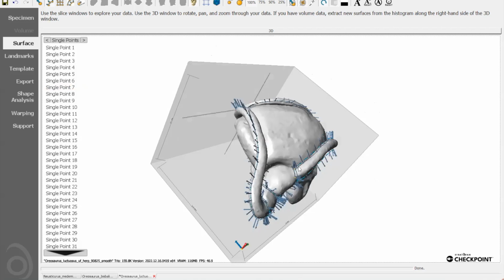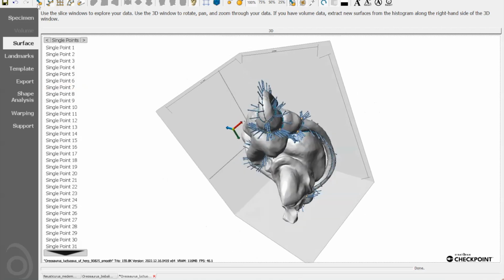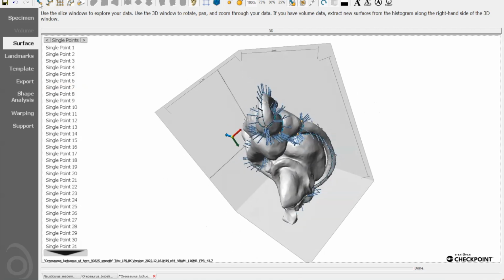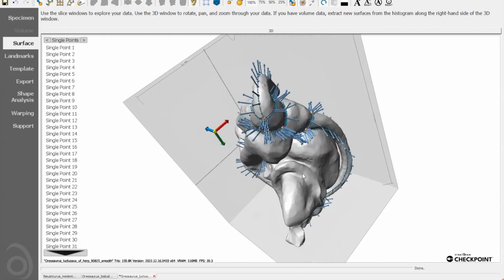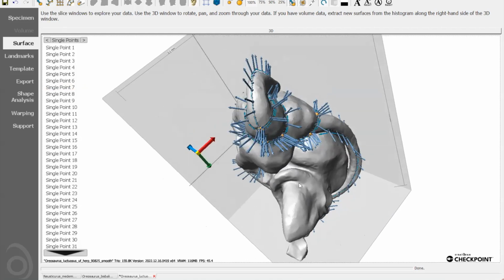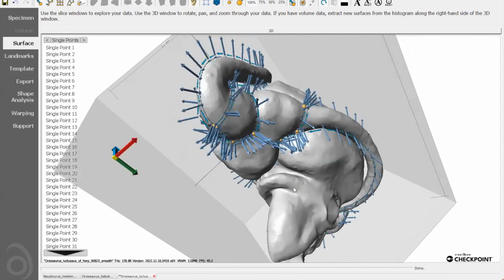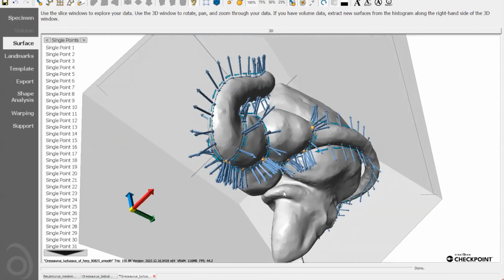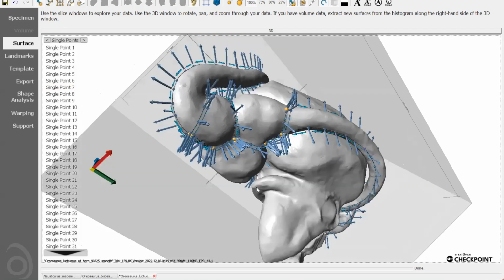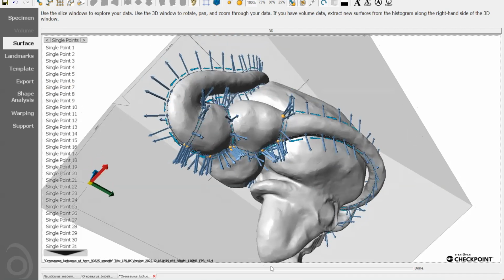For example, if you click here, this arrow with the big yellow ball is the single point that we usually use for the true landmarks, the landmarks that represent a homologous place. For example, one of the points that I'm using is this one, which is the connection between this canal here and this ventral part of the inner ear.